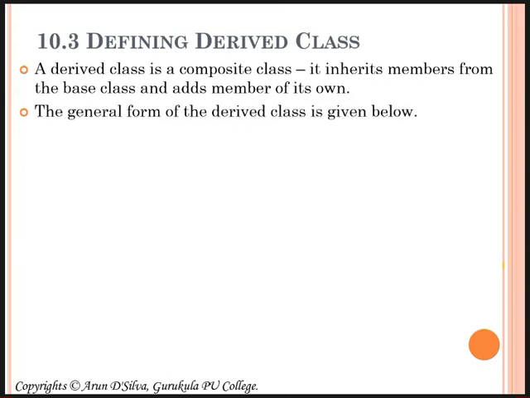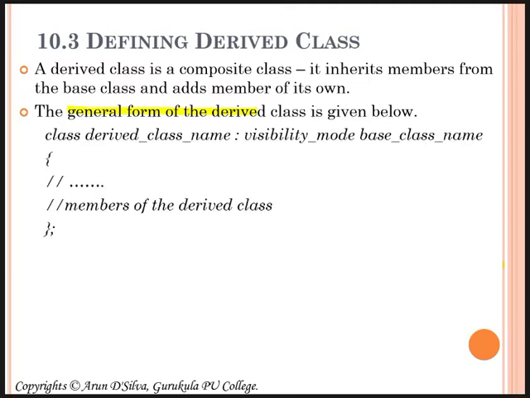Now when you are deriving classes and writing derived classes, how exactly will you do it in C++? That is the general form. I just want to keep it in front of you.